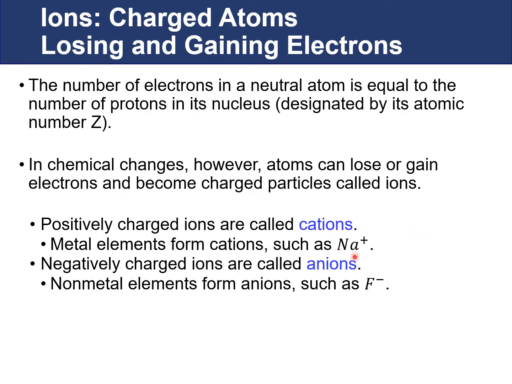So this is Na+ because it is missing an electron. On the other hand, this F- has an extra electron. This negative here indicates that you have an extra negatively charged subatomic particle on this particular element.